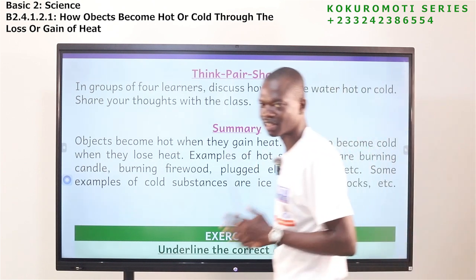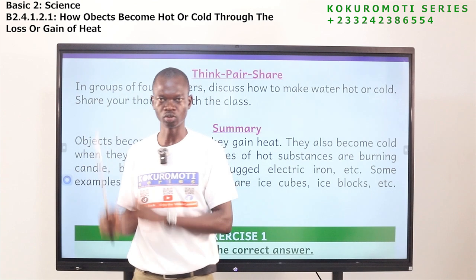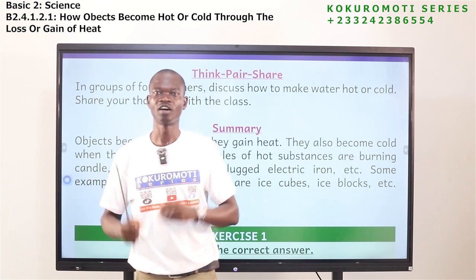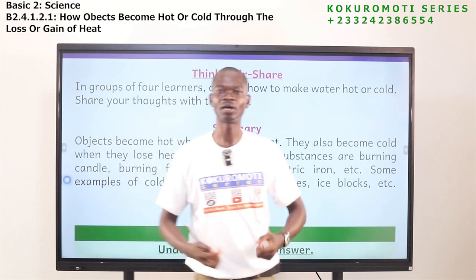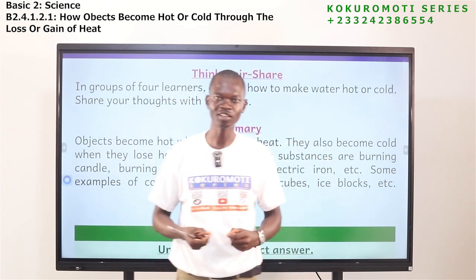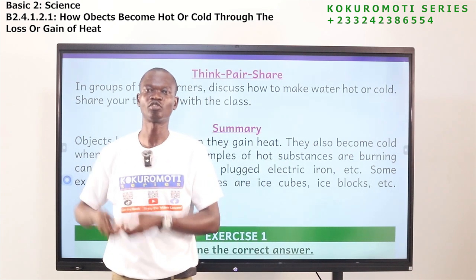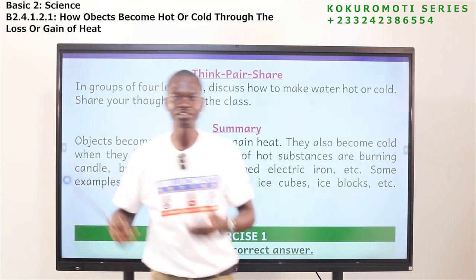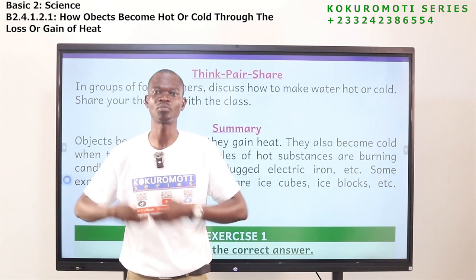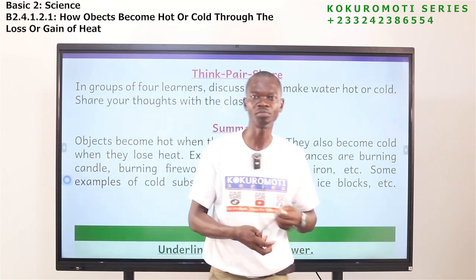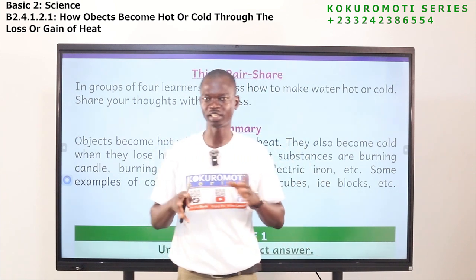So today what we have learned is that we have hot objects and we have cold objects. Objects become cold when they lose heat. Objects become hot when they gain or receive heat. We have seen how objects become cold and we have also seen how objects become hot. This is what we have learned today and I hope you have enjoyed the lesson.